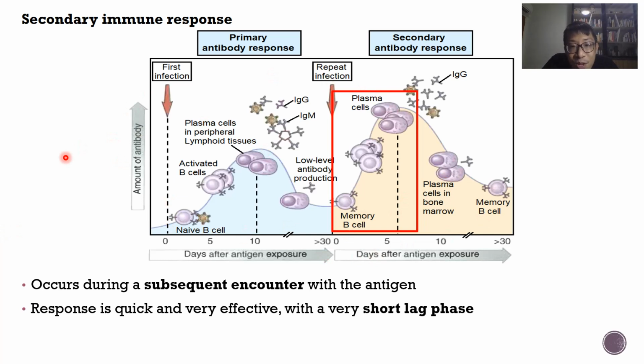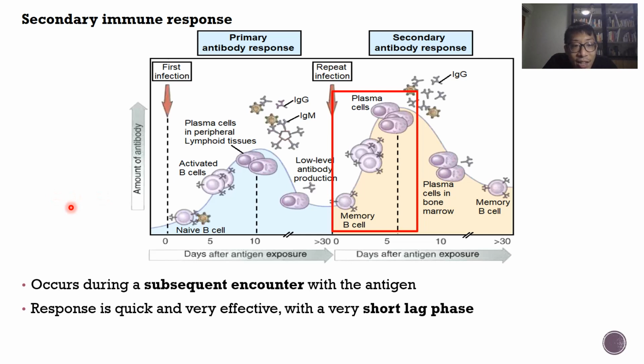Memory B cells would be able to respond very quickly to the same antigen. They would bind to the same antigen and also undergo clonal expansion and differentiation into plasma cells, but this does not require the helper T cells or the cytokines from the helper T cells.